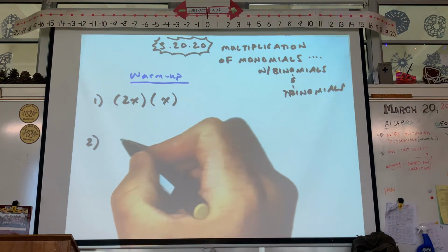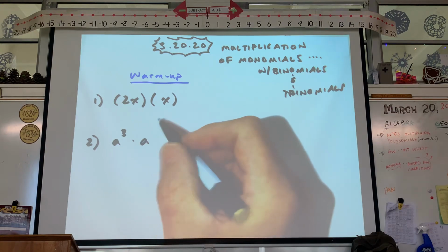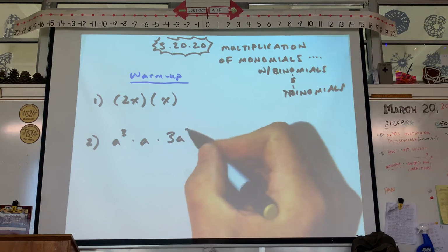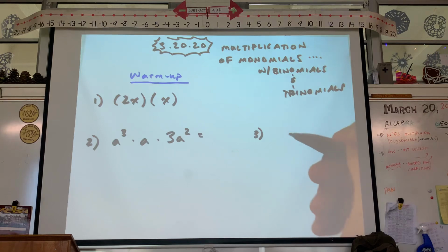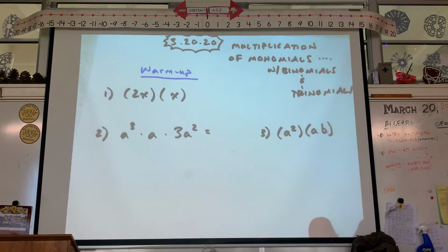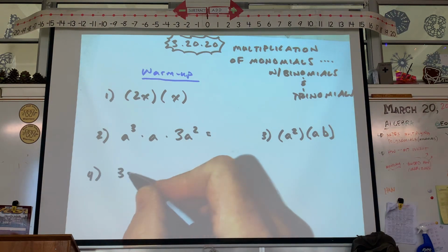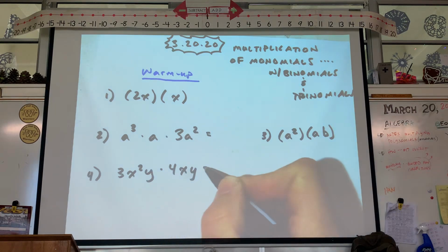And like I said before, not one of you guys can say slow down, or you're going too fast, or go back, because you can always press pause, rewind, and deal with it. A squared times AB, and number 4 is 3x squared y times 4xy.